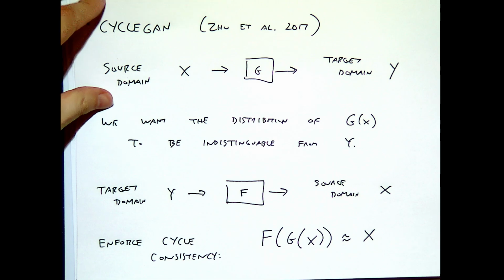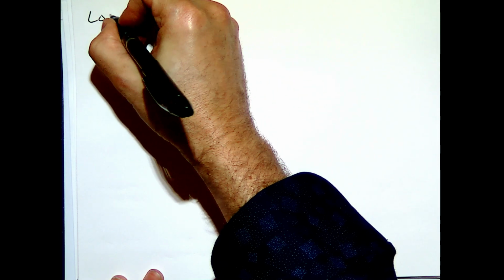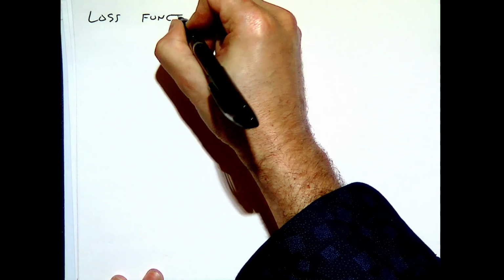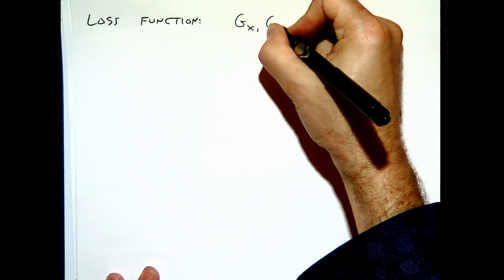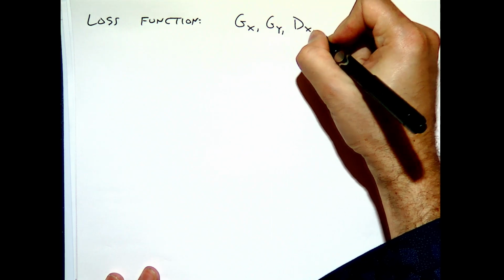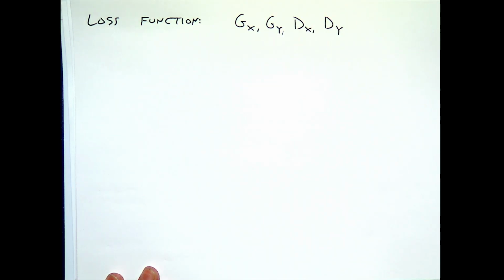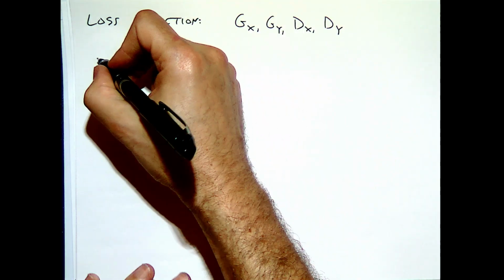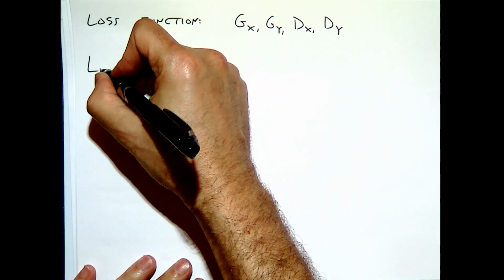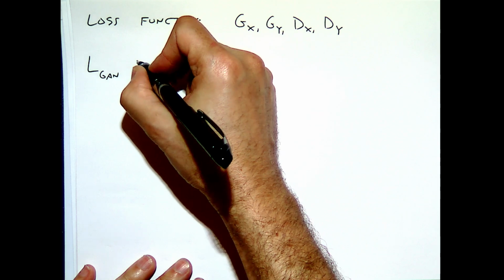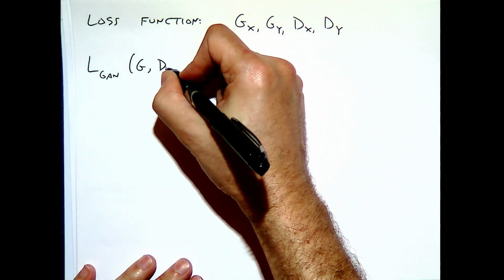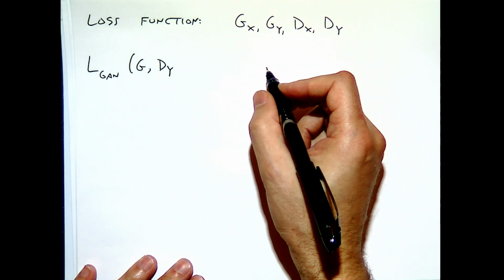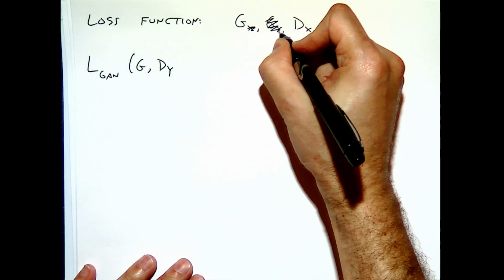So if I was going to write down what the loss function would look like, it'd be like saying, OK, remember I have a generator for x, a generator for y, a discriminator for x, and a discriminator for y. And so my loss function looks like I have one GAN loss function for the, well, I guess actually I didn't have gx, gy. I had g and f is what I called it in my previous slide.